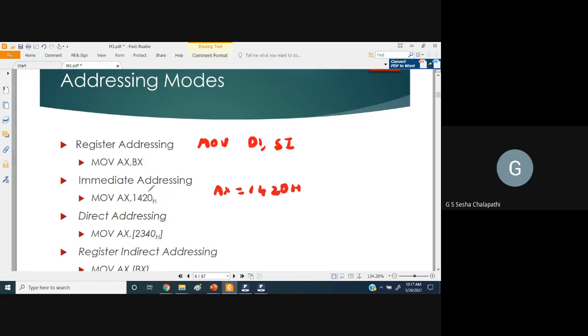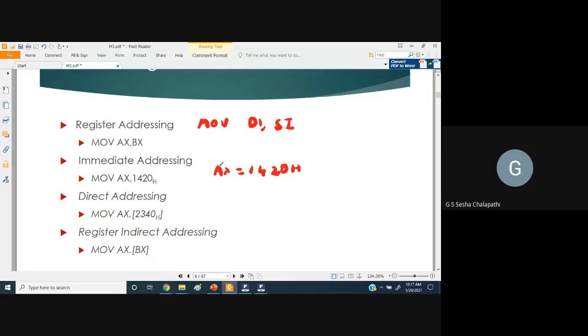What will be in the register after execution is present within the instruction only. So it is called immediate addressing mode, because the data you want to write into the destination register is present inside the instruction itself.